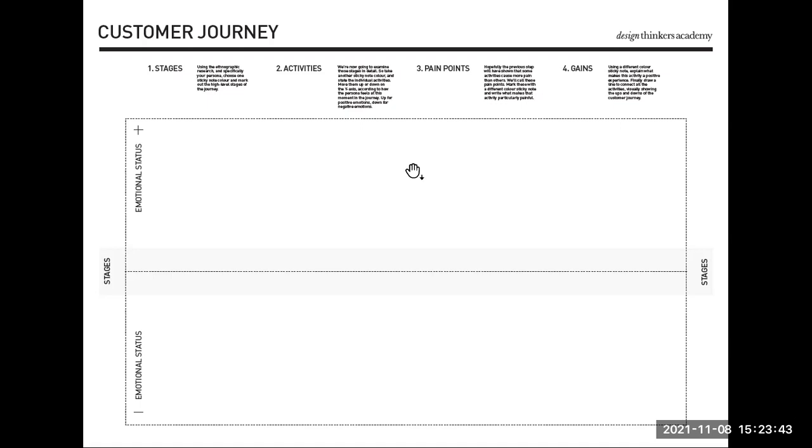Now, for this exercise, you need to be 2 or more of you, maybe 3 or maybe 4. One person asks the questions. The others write the answers on a piece of paper.